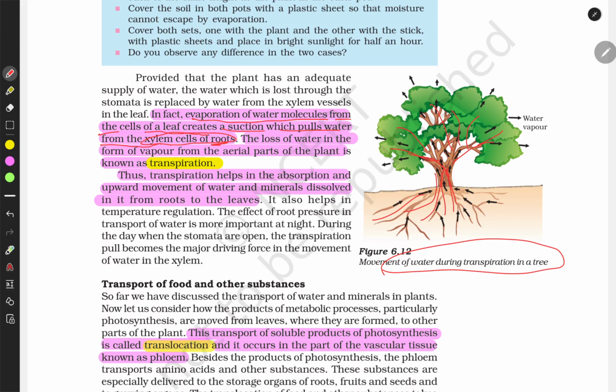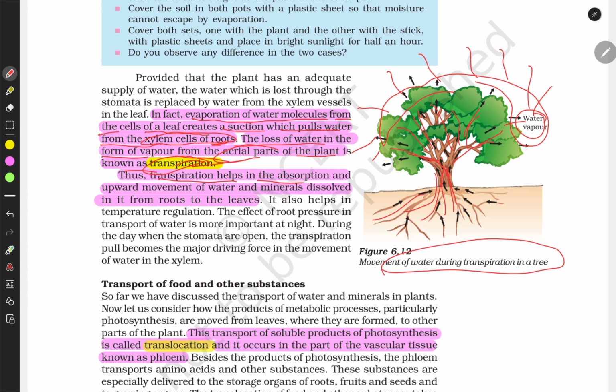This is because of capillary action. Loss of water in the form of vapor from the aerial part of the plant is called transpiration.